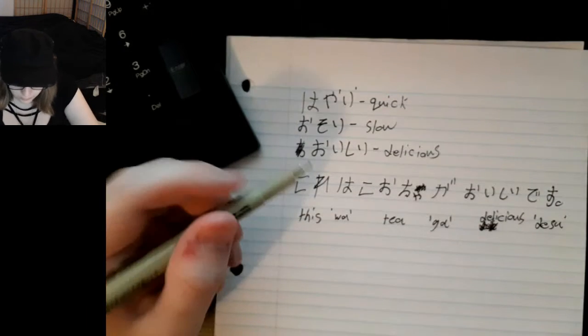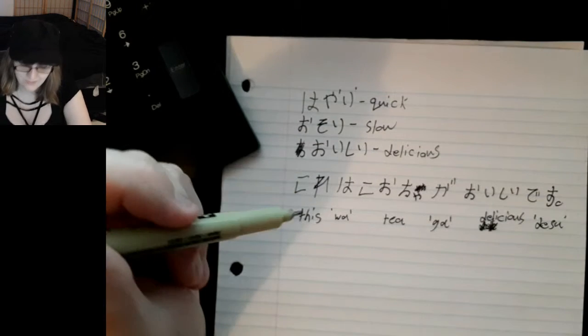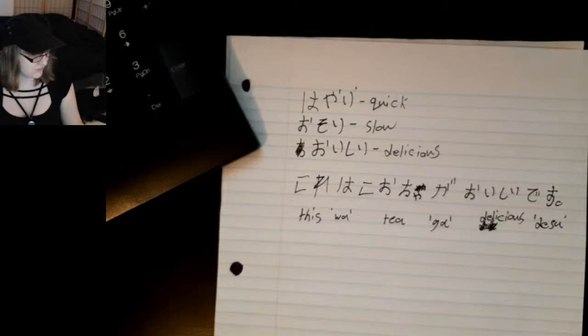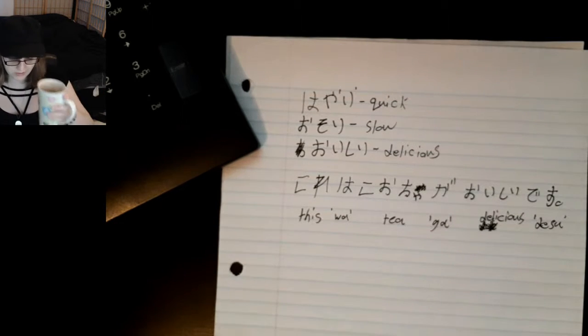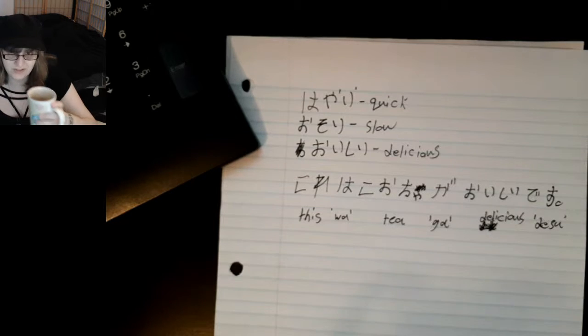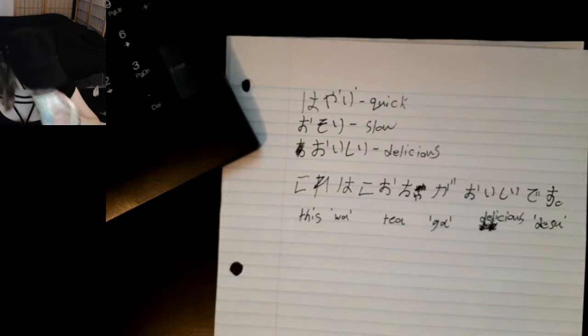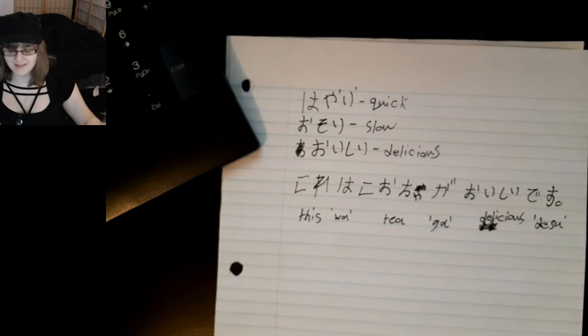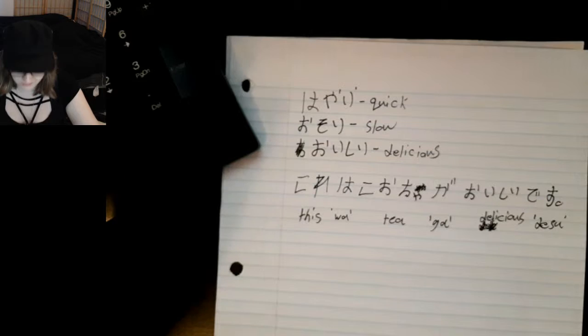Kore wa kocha ga suki desu. Oishii desu. This tea is delicious. Kore wa kocha ga daisuki wa oishii desu. Sorry, I keep on saying ski by accident. I like the tea, and it's delicious. So, double whammy, I guess. Okay.